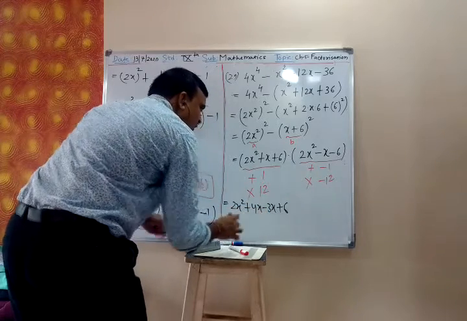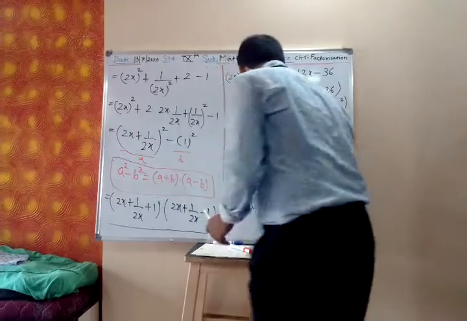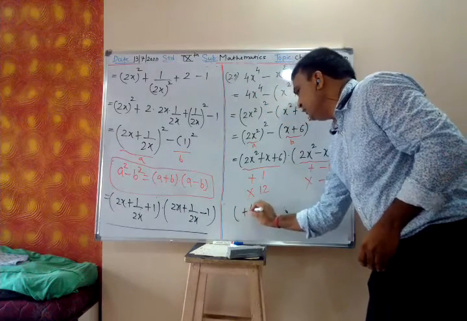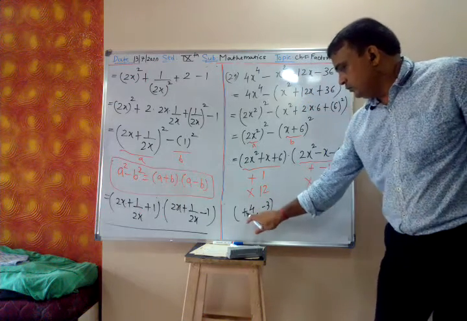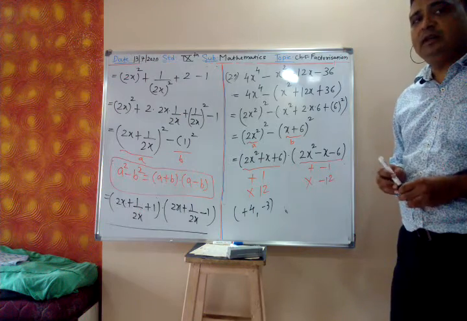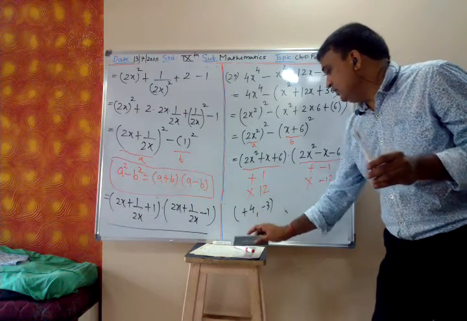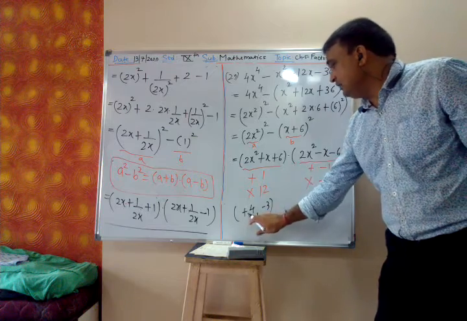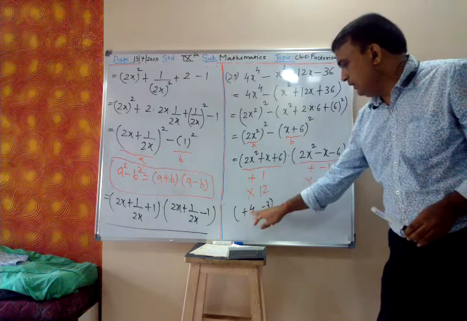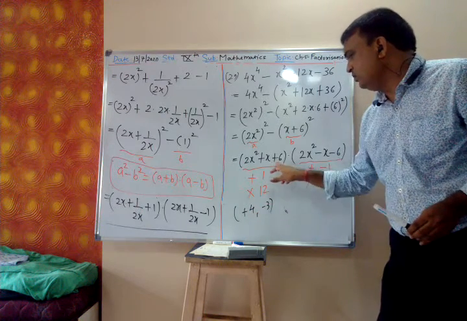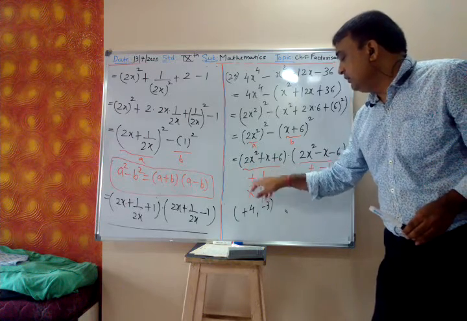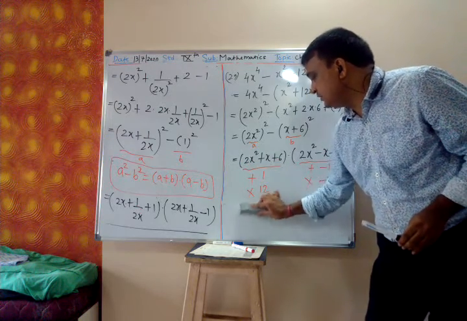But see, this will not be the answer. Their addition will be plus 1, but what about multiplication? Plus 4 into minus 3 is minus 12, but you want multiplication plus 12. We are getting minus 12, so factorization is not possible here.